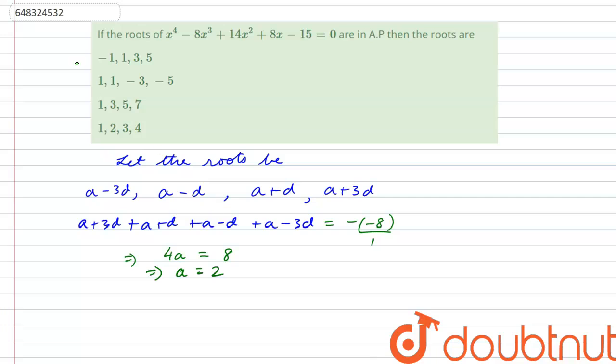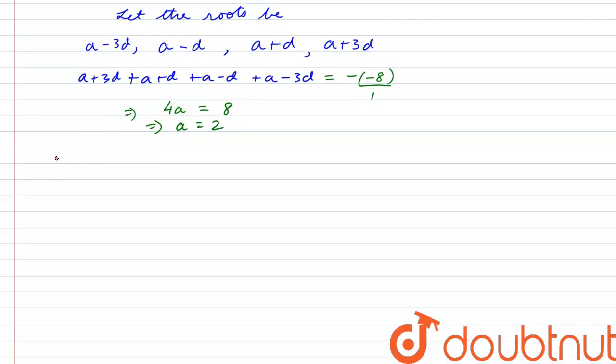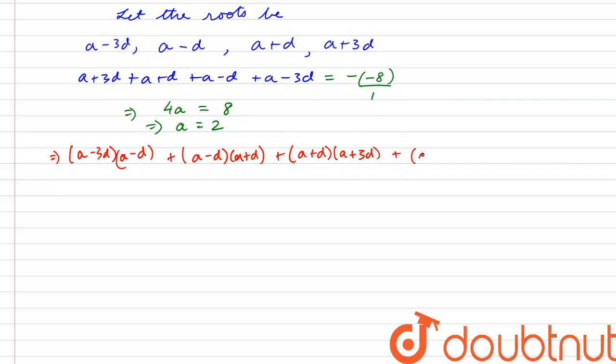Now let us find the value of D. We know that the product of the roots taken 2 at a time and then added together would give the coefficient of the third highest power of x. So let us find that. We need to find A minus 3D into A minus D, then plus A minus D into A plus D, the second and the third, plus A plus D into A plus 3D, and then the first term with the last root, A minus 3D into A plus 3D.